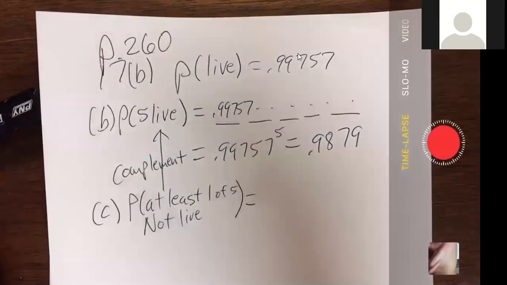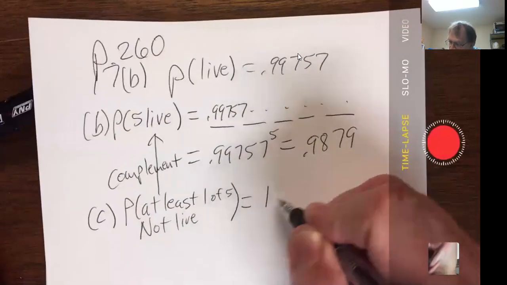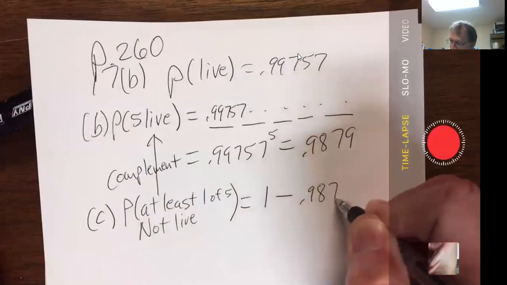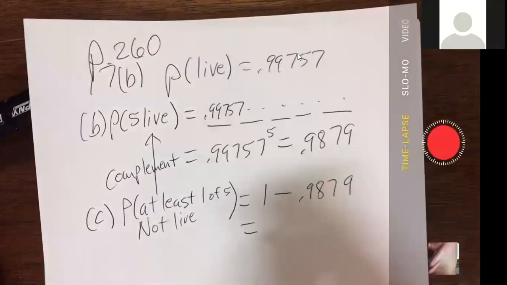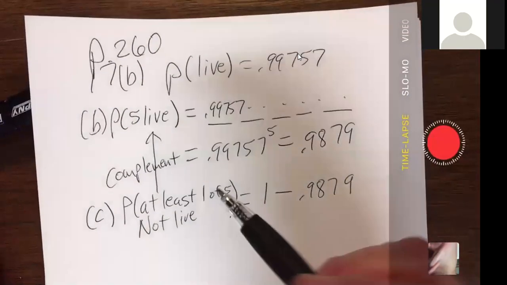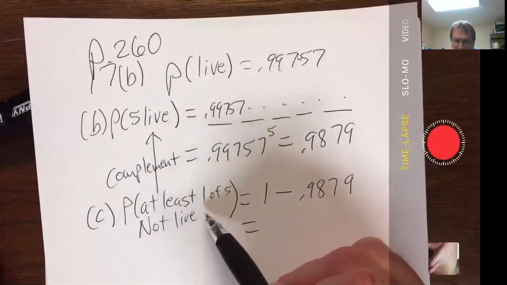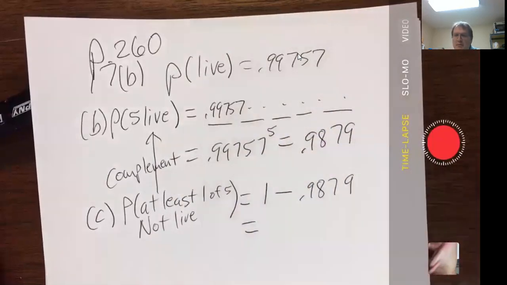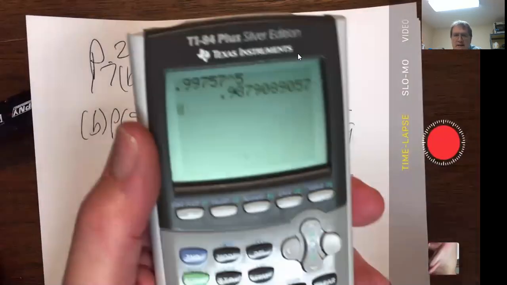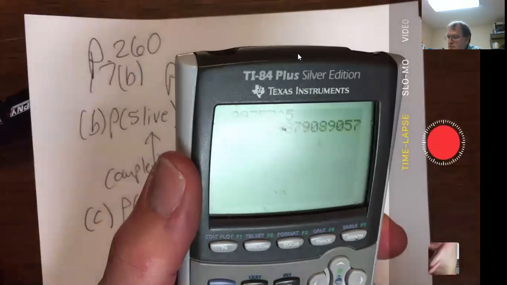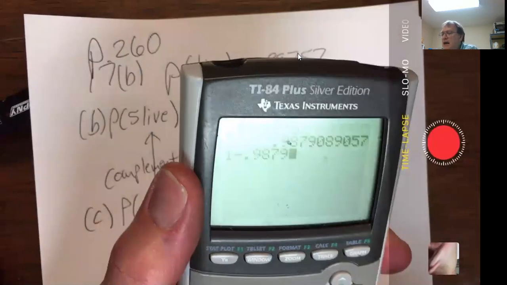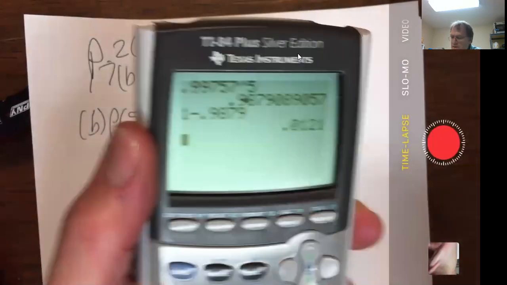Okay. That means very slickly we can do this as 1 minus 0.9879. He deliberately follows this pattern: he asks a question like this, and then he asks a complement question where you can just take the answer and subtract it from 1. So 1 minus 0.9879 is 0.0121.